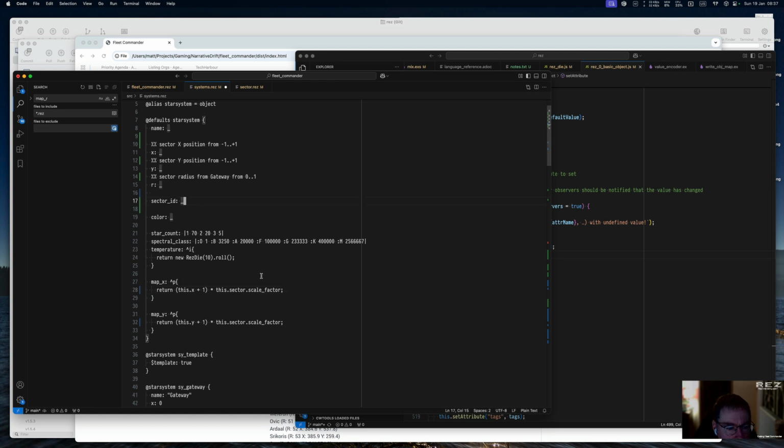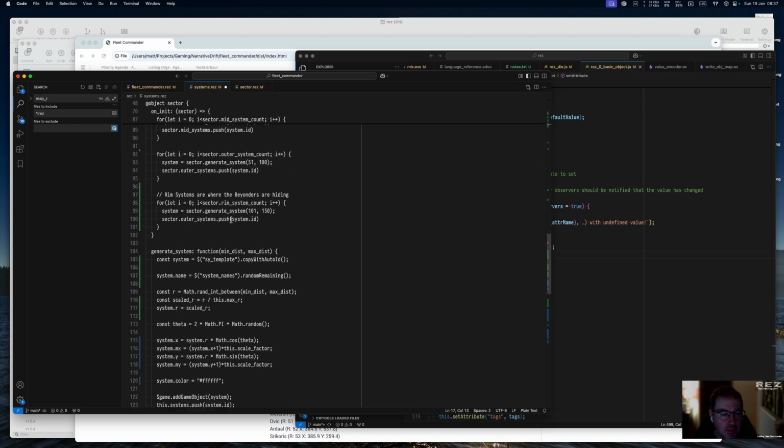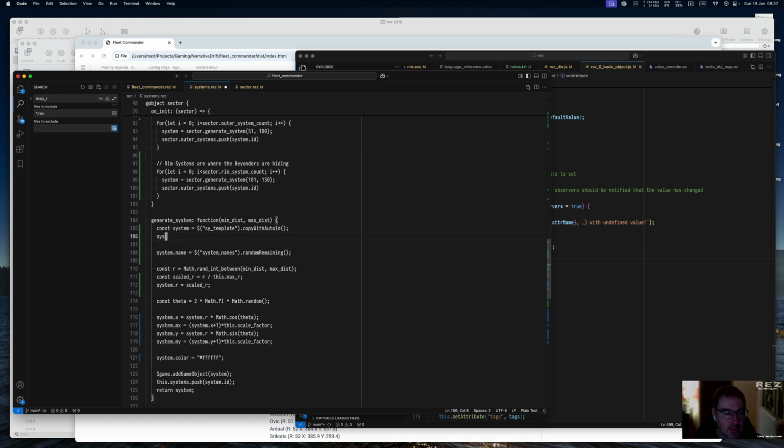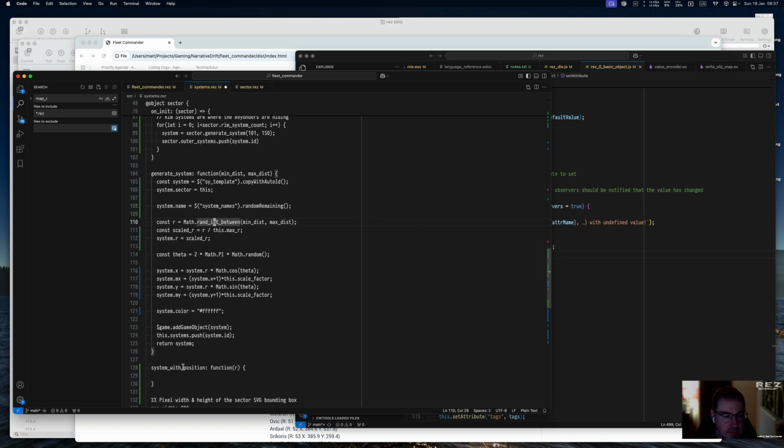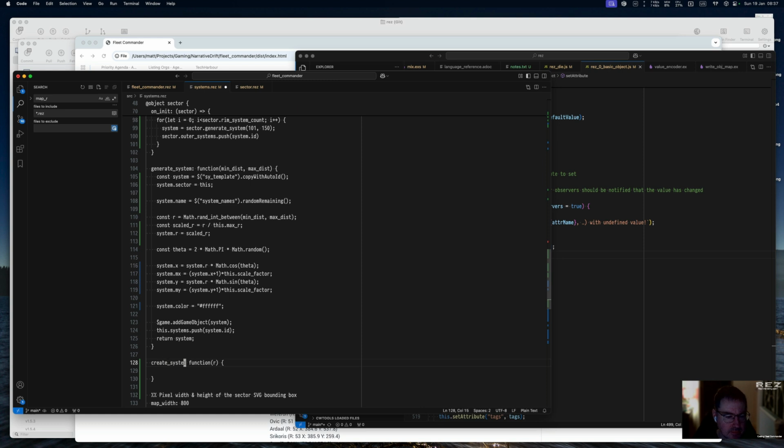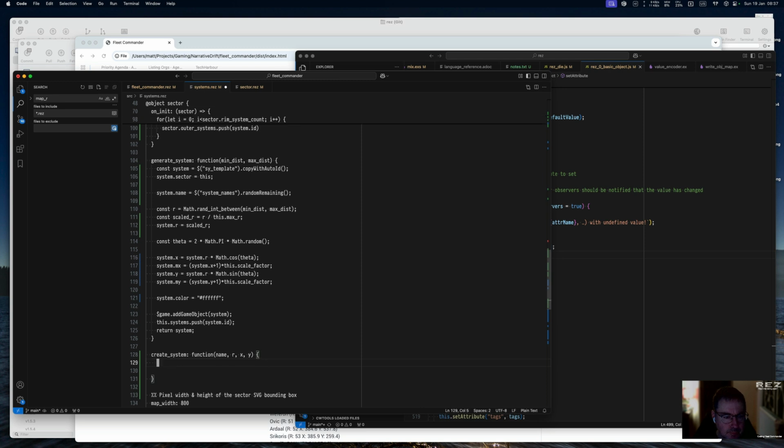But if we do this, we can get access to the scale factor from the system itself. So when we create the system, system.sector is this. Create system, name, XY, so comes system, SY templates.